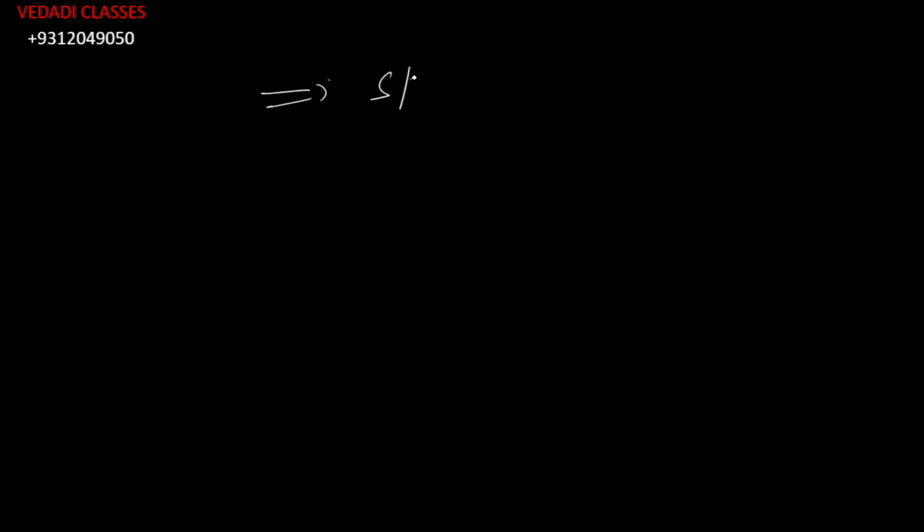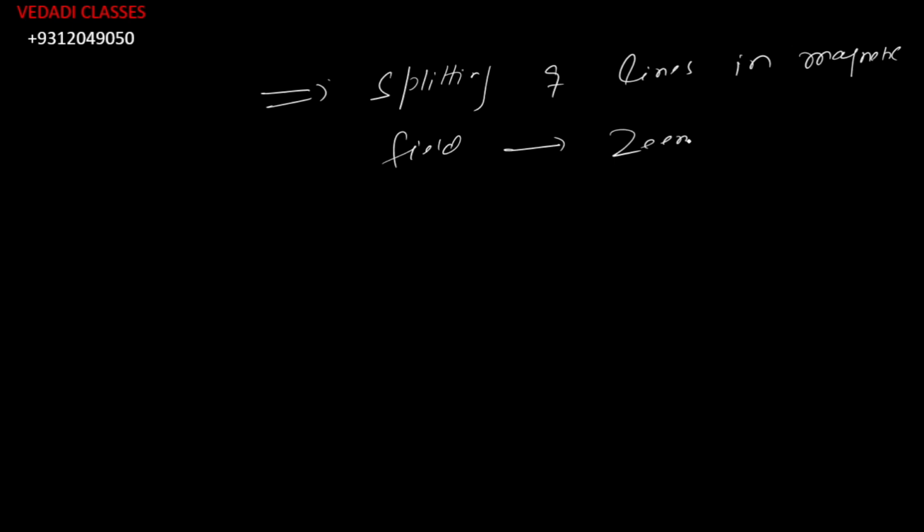When the electron lines come into a magnetic field, some electrons will go this side, some this side. This is the splitting of lines in a magnetic field, known as the Zeeman effect. He couldn't explain anything about this, so this was a drawback of Bohr's atomic model.